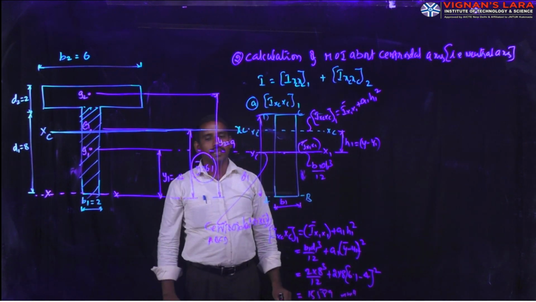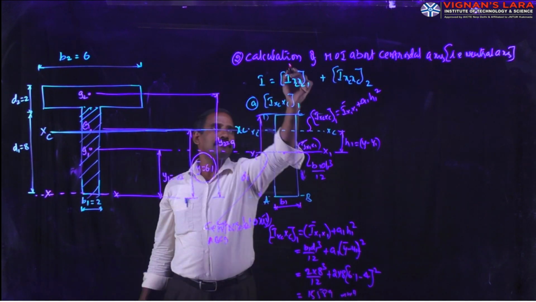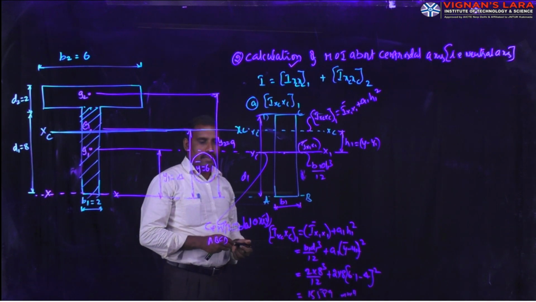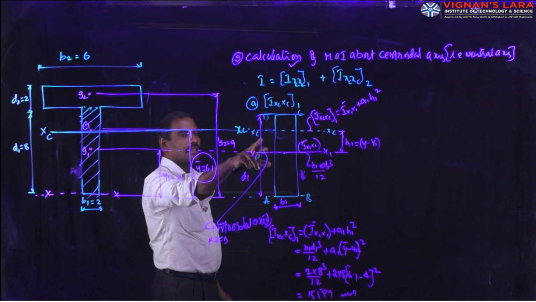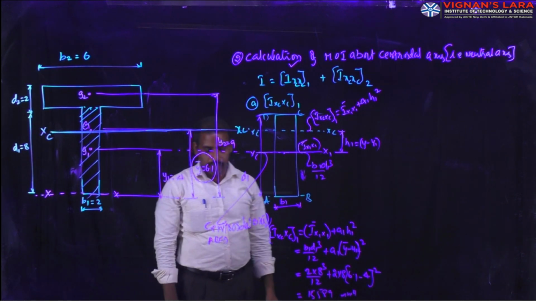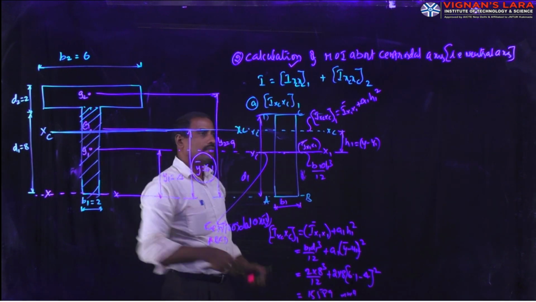So the moment of inertia of the first elemental area about the central axis XC of the T section is 155.89.